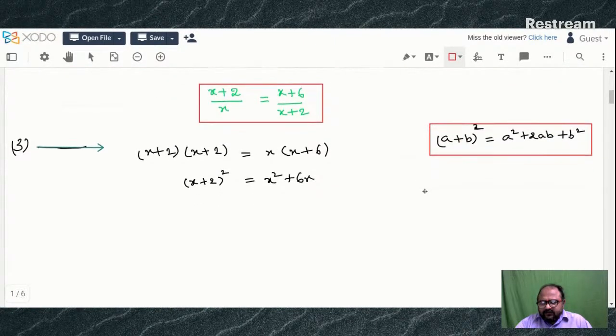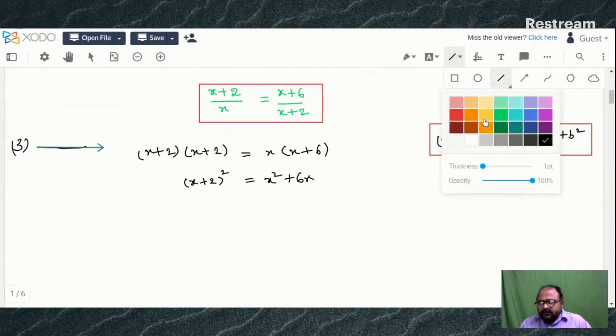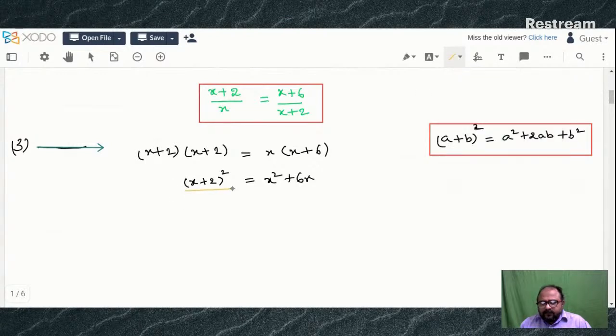If you apply this formula on x plus 2 whole square, I'm leaving some gap on the left hand side. You should write the expanded form. I'm purposely leaving some gap. You should expand x plus 2 whole square using the formula a plus b whole square. This is equal to x square plus 6x.